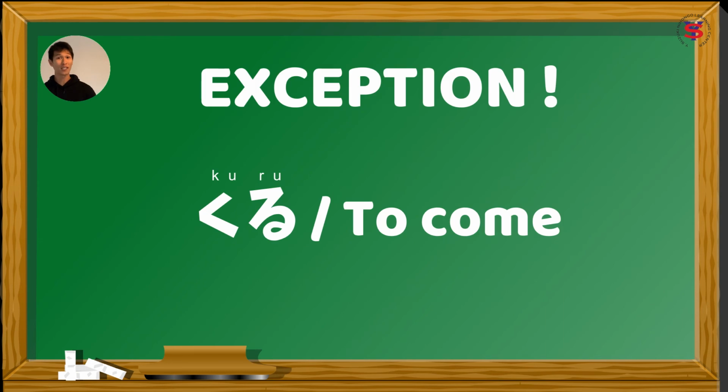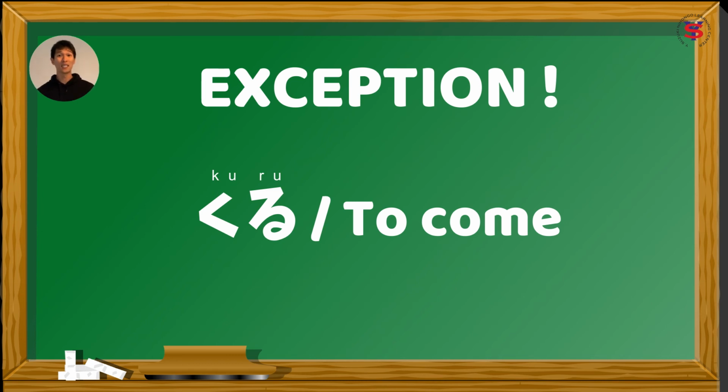Lastly, one more exception, si kuru or to come. So, bakit exception ka mo? Kasi si kuru, ru verb siya, di ba? Pero susundin natin ang rule para sa u verbs. So, nandito tayo with kuru. Exception ito dahil tatanggalin natin ang ku, and this time, susundan natin ang rules sa u verbs.